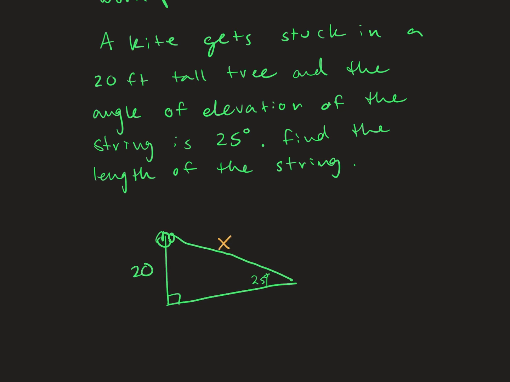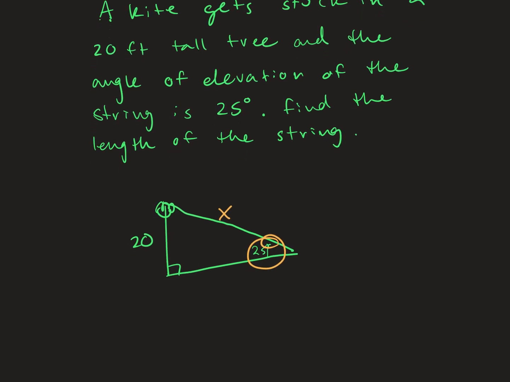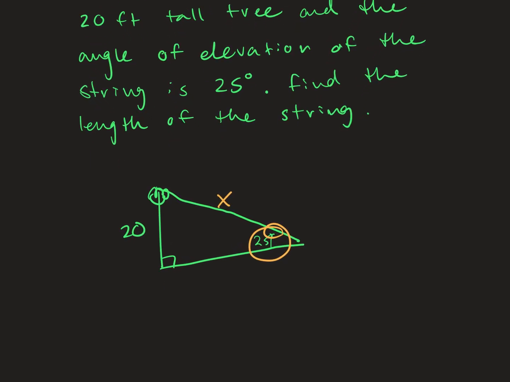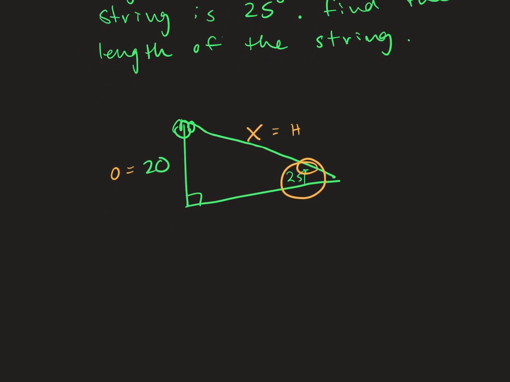Perfect. So this is my theta here, the 25 degrees that was given. 20 would be what? The opposite, and x is my hypotenuse. Which trig function involves opposite and hypotenuse? Sine. So I'd have to find the sine of 25, which is equal to 20 over x.